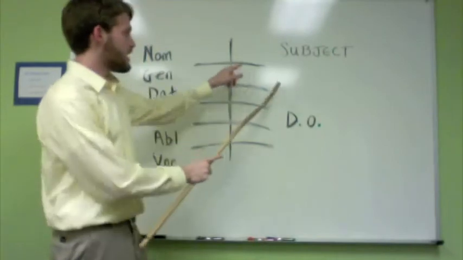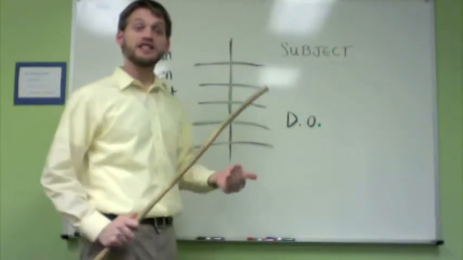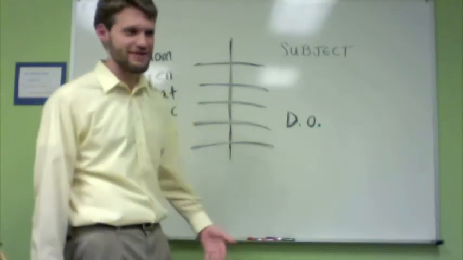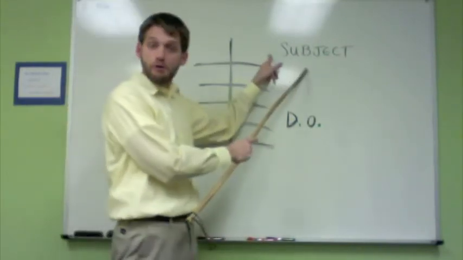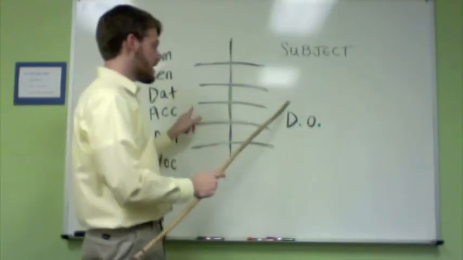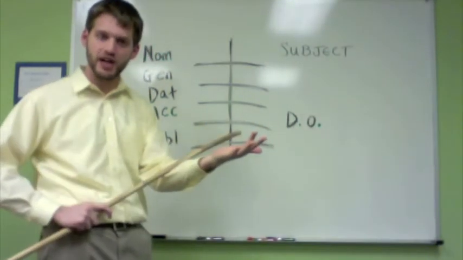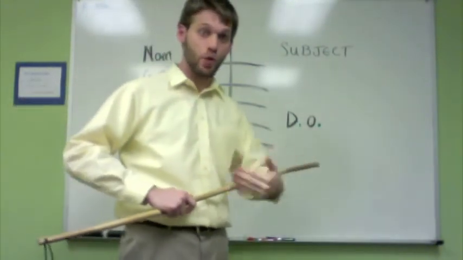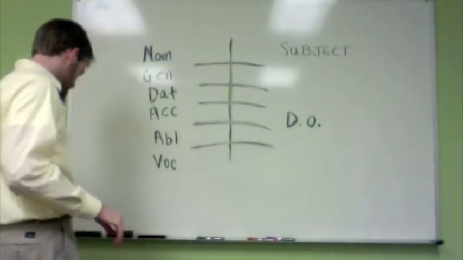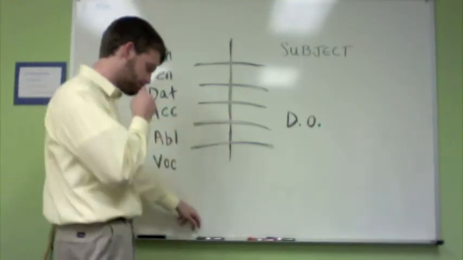For example, the nominative would be our subject, let's say the teacher. The teacher hits a student. You shouldn't, but anyway, let's say that's what it is. Teacher then would be in the nominative case because it's your subject. Student would be in the accusative case because it is your direct object. It's what you're hitting. It's what you're striking. Okay, and if you don't know the difference between direct objects and other things, I don't have time to do it all in this lesson, but that would be in the accusative.